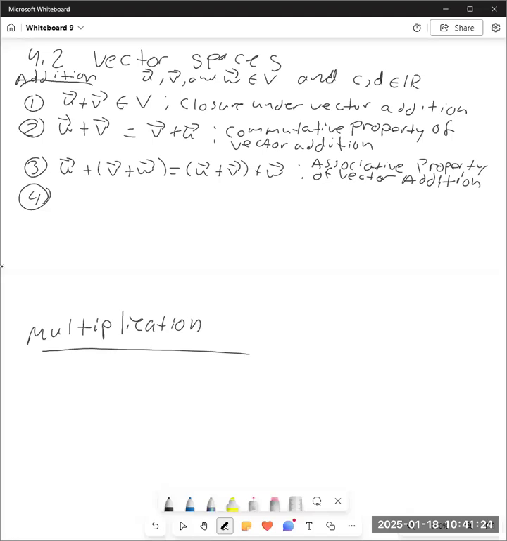So, all right, here's kind of the big one where we have to define what the zero vector is.